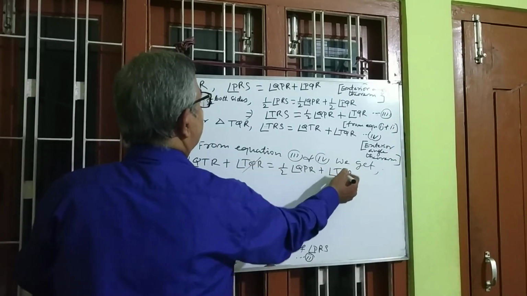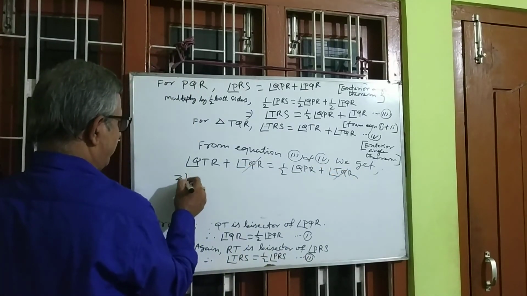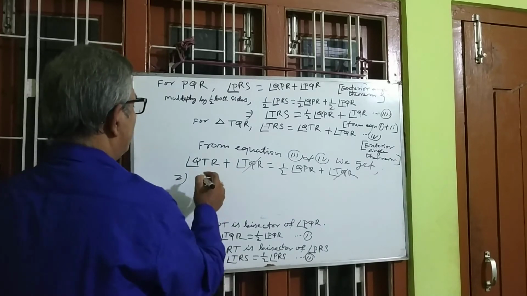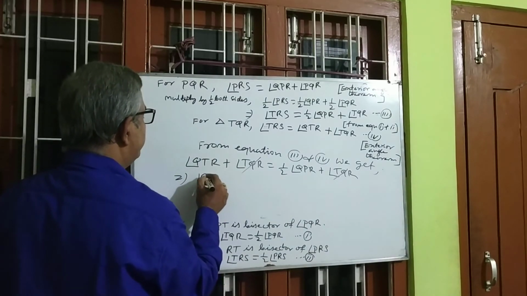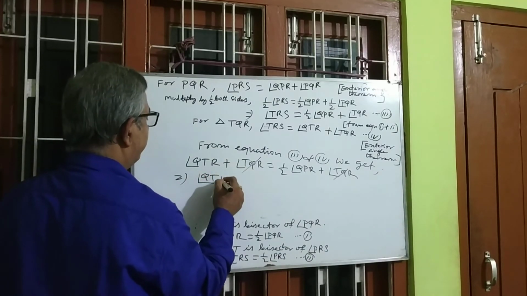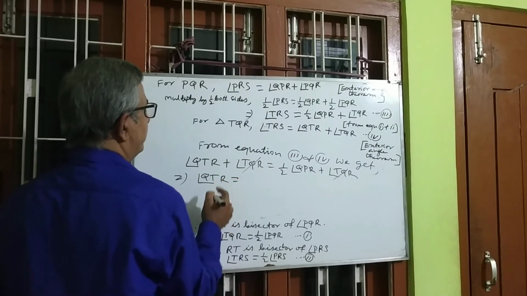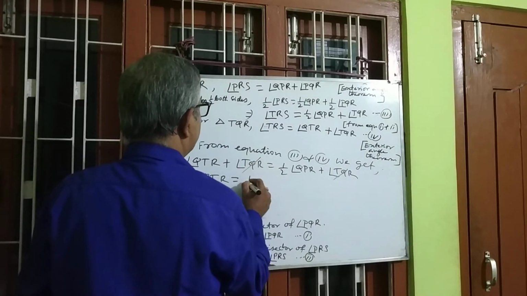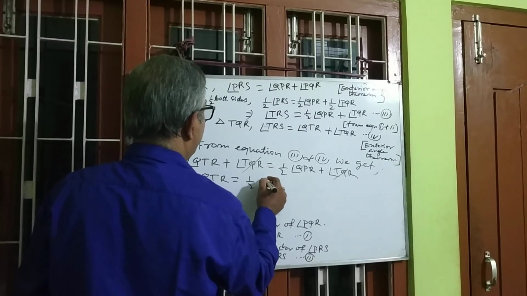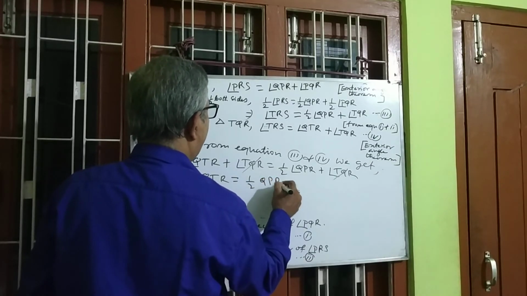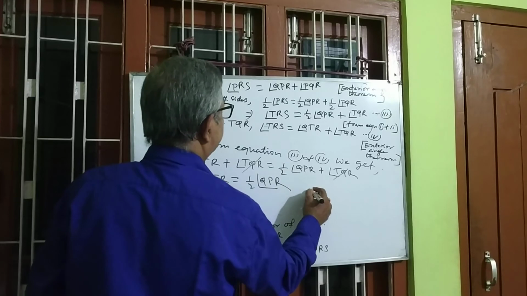TQR cancels, equal quantity on both sides will be cancelled. So you are getting angle QTR is equal to half of angle QPR. Close.